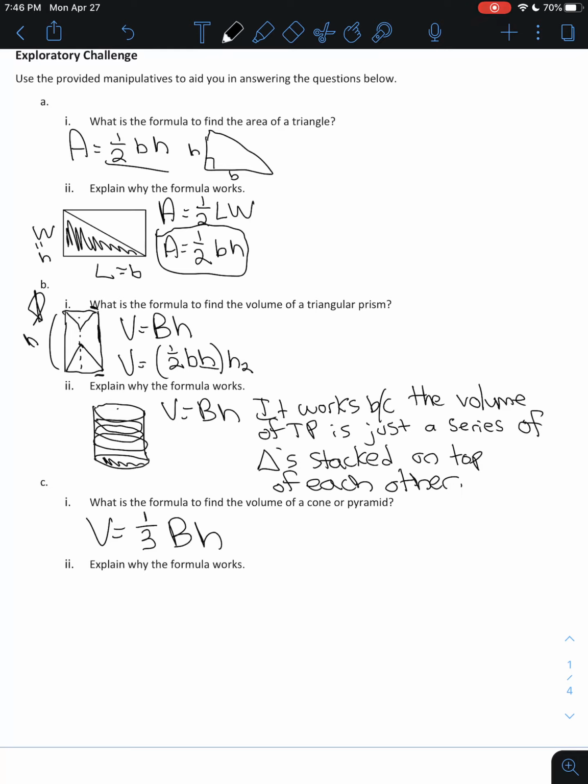So to explain why this formula works, you basically just have to remember what a cone looks like, something like this. A cone is just 1/3 of a cylinder. So this is a cone here. Do you see how I could make a cylinder using that same base?